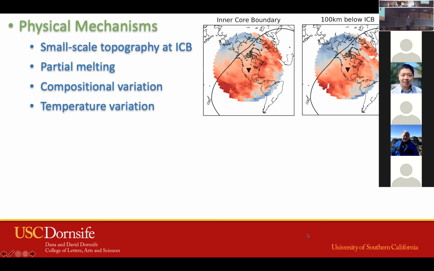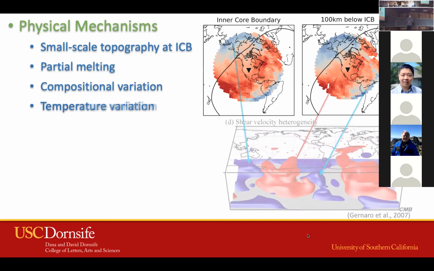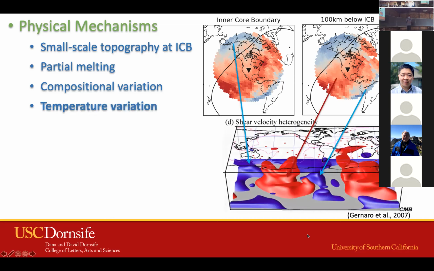heterogeneities. But for the large scale variation of the inner core scattering, we think the temperature could be the best and most straightforward explanation. I will tell you why. First, we compare the location of the strong and weak scattering regions with the tomography model of the mantle.